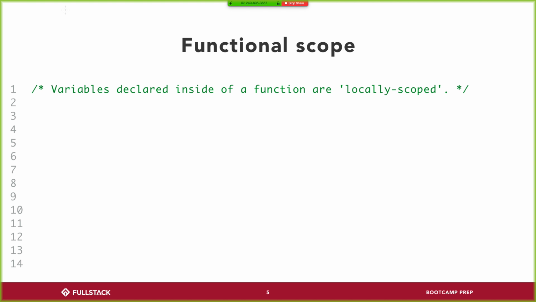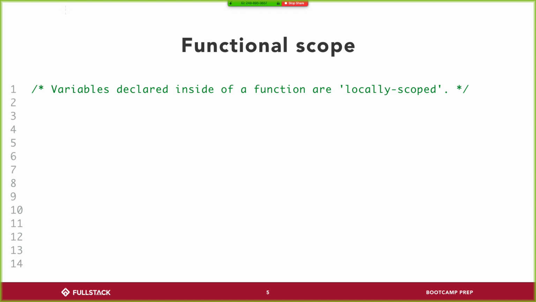Elizabeth asked, is this how let and var differ? Yes, this is one of the ways that let and var differ. Not necessarily the fact that it's hoisted, because I believe that var is also hoisted, but let is more strict.